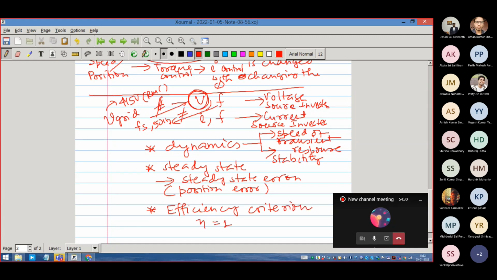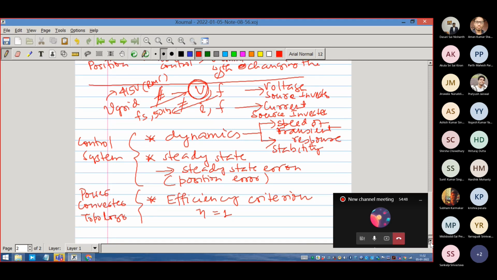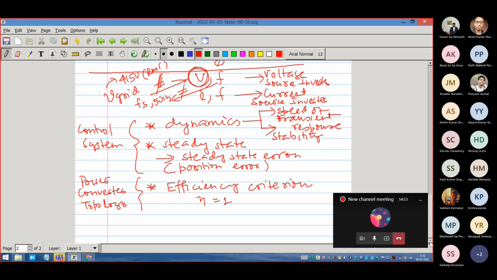So these two things are heavily dependent on the control system, and this is dependent on the power converter structure, power converter topology. Okay, so overall we are trying to match the source voltage and the machine voltage.